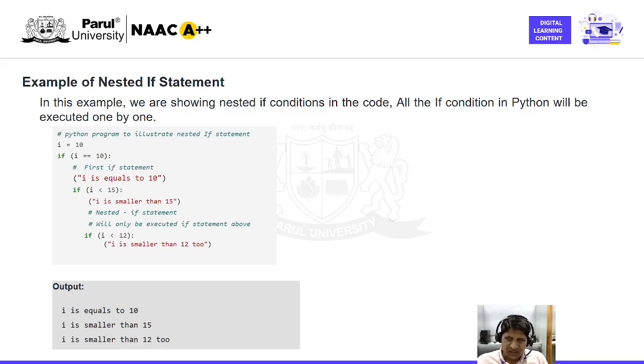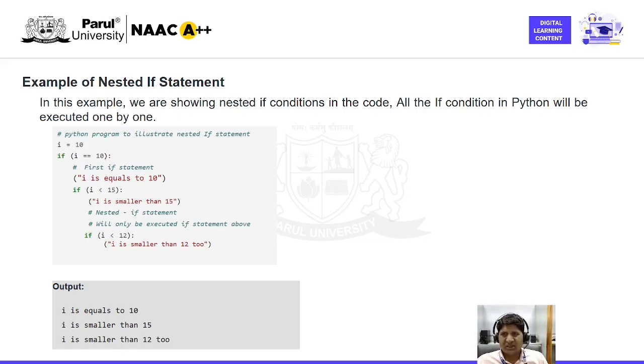You check the first condition, then the second, then the third, and all three statements are executed because all three conditions are true. Once a condition is false, you cannot execute the inner statements.